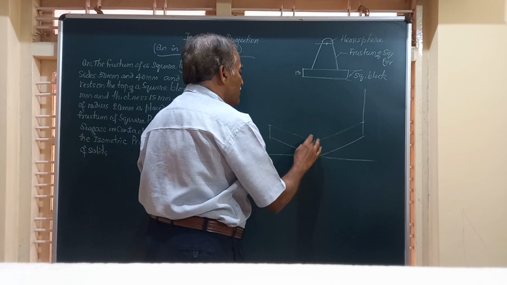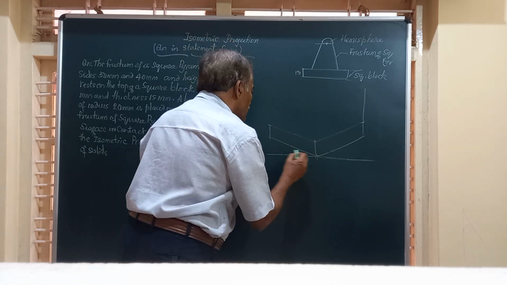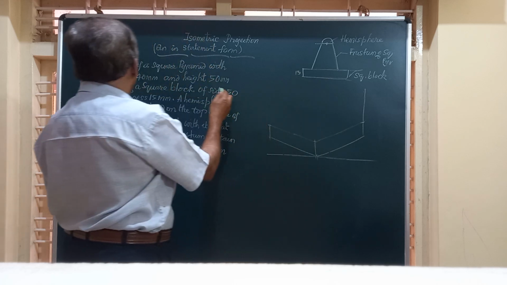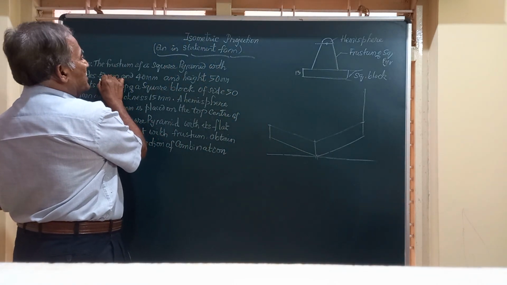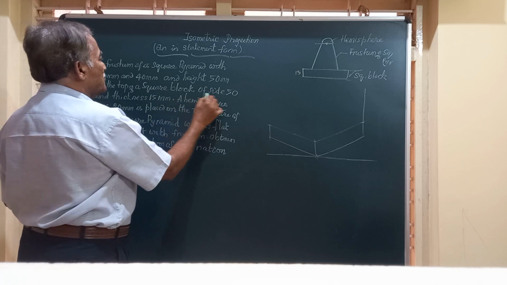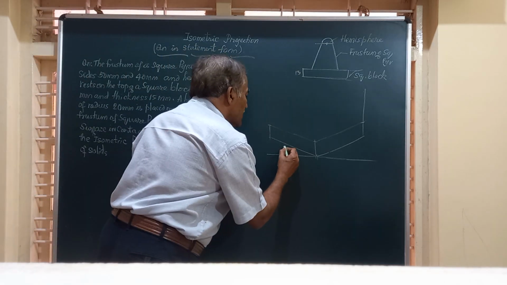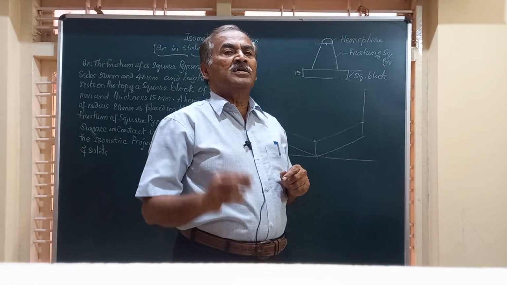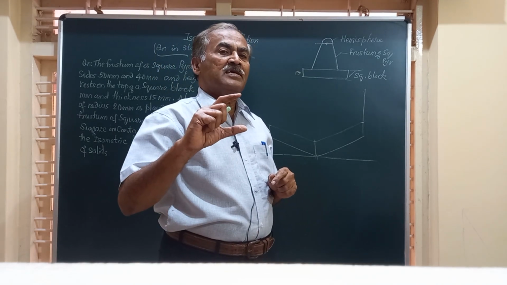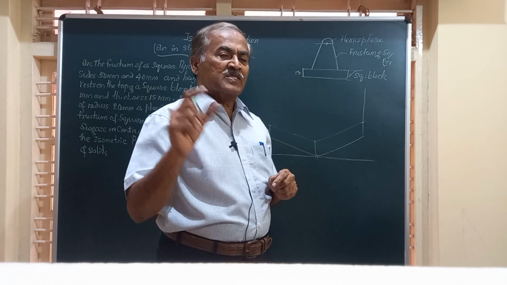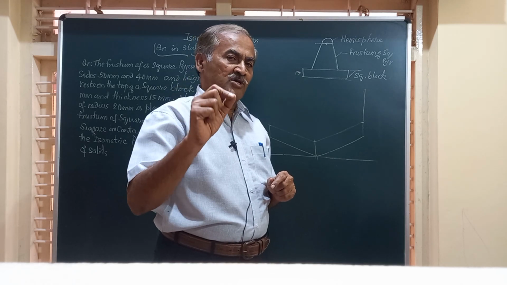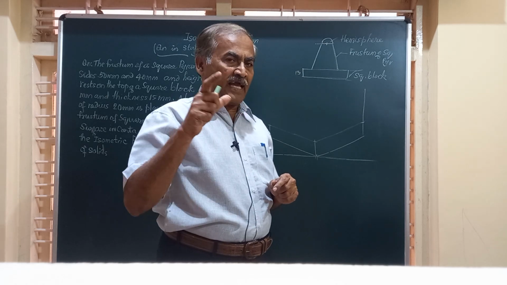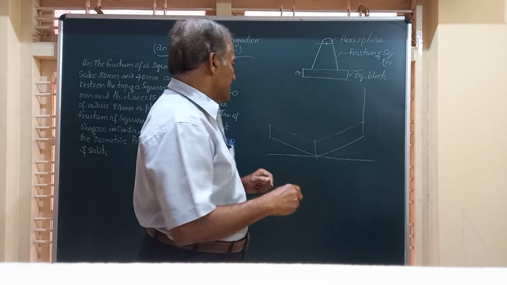The dimension I have taken is 50, that is a square of side 50 for the square block. So this I am going to take as ISO 50. What is the meaning of ISO 50? Whatever length dimension is given has to be multiplied by 0.815 for conversion of the actual length to isometric length.